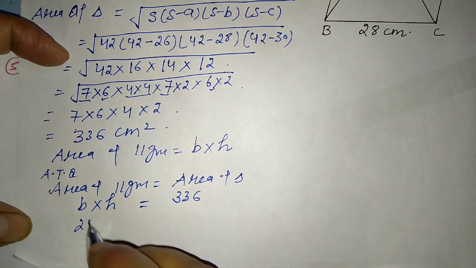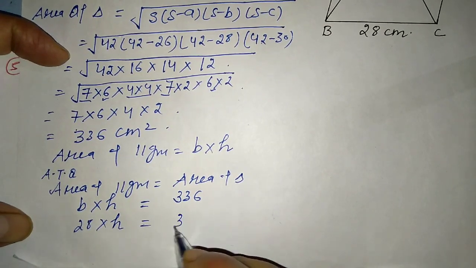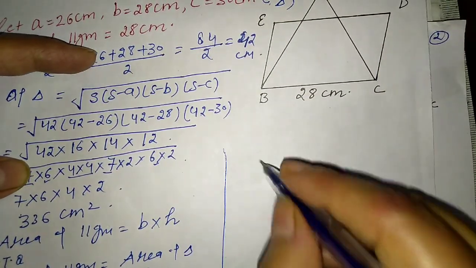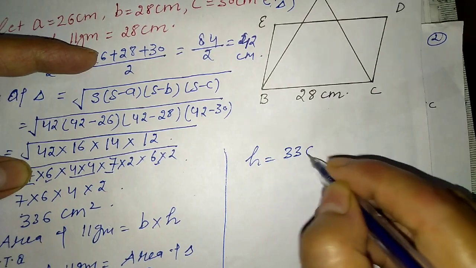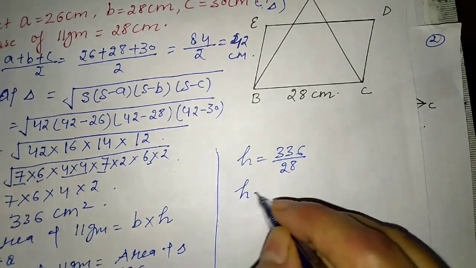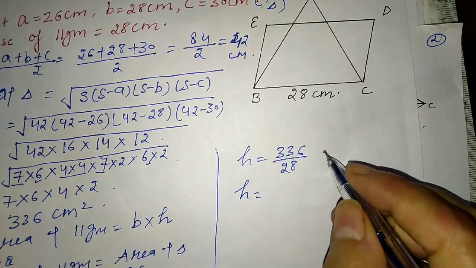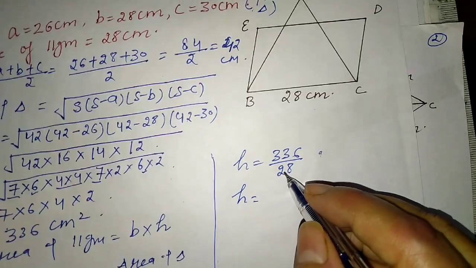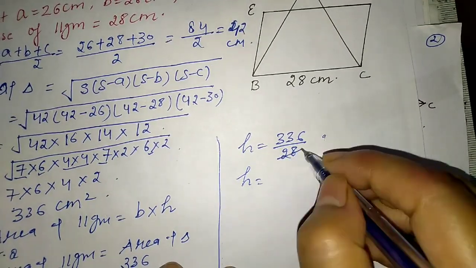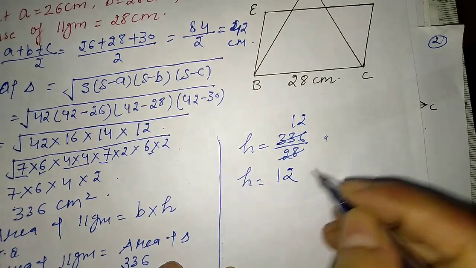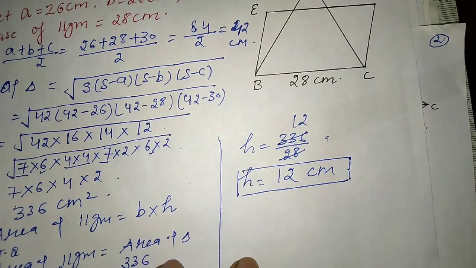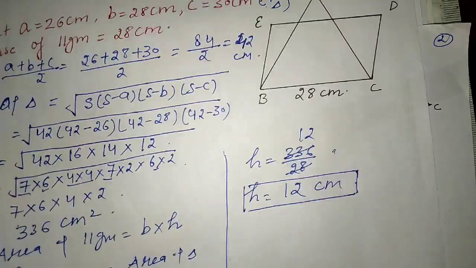And base is given 28, height we require. So H is equal to 336 divided by 28. So we are having here 12 centimeter. This is the height.